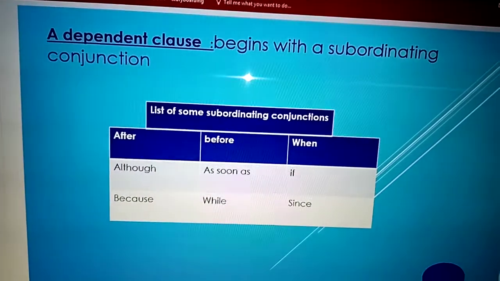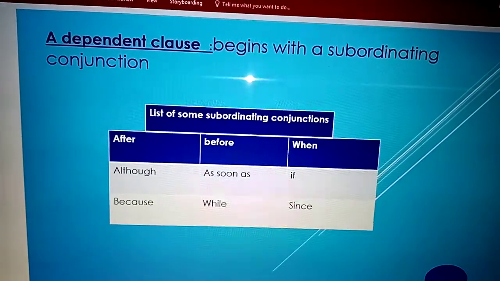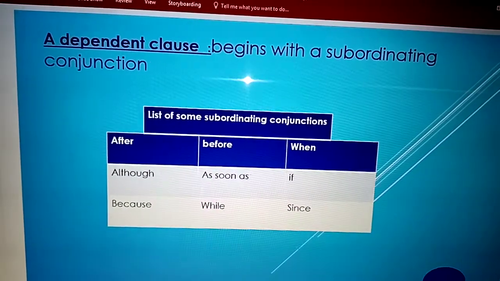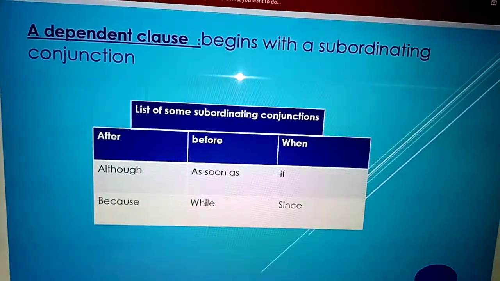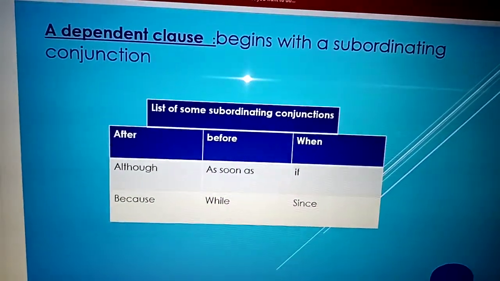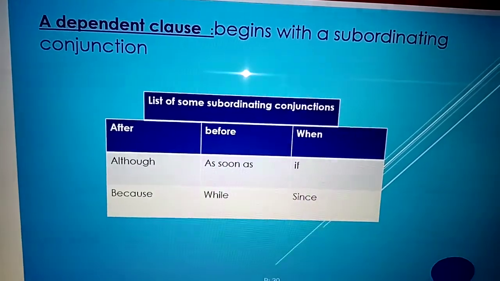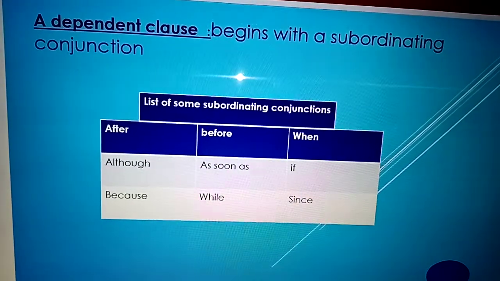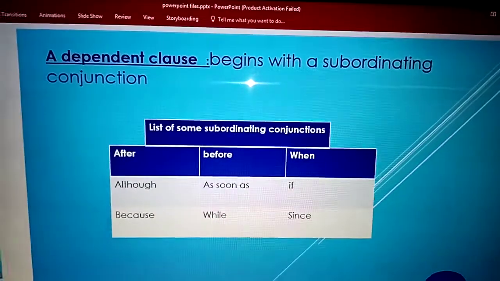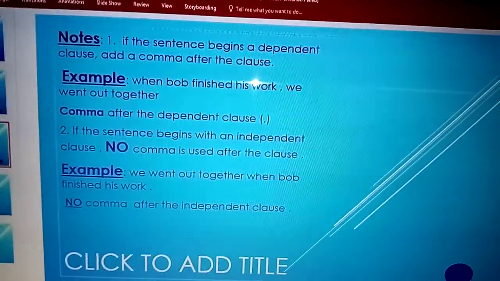Okay, so any sentence that begins with one of these is called a dependent clause. Any sentence that begins with any of these subordinating conjunctions is called a dependent clause.